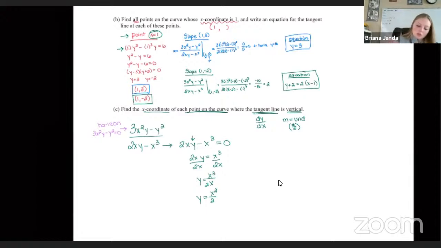Okay, so now what I need to do is go get the function from above, which was xy squared minus x cubed y equals 6. And what we're going to do is sub in. So I just found out that y will equal x squared over 2.